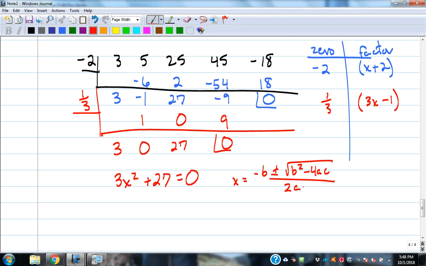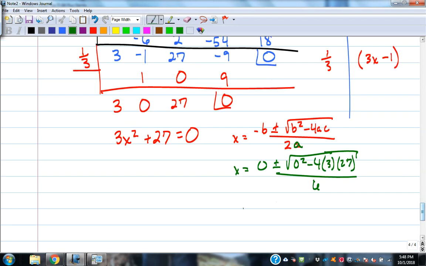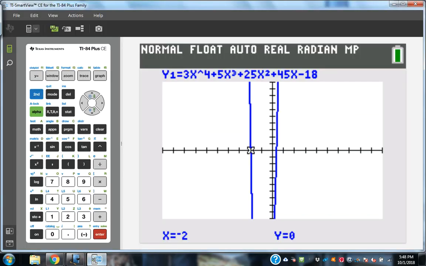Solving by square roots works great too on this one, but it's the same answer either way. So that'd be 0 plus or minus the square root of 0 squared minus 4 times 3 times 27, over 2 times a, 6. So we end up with plus or minus the square root of negative, whatever 4 times 3 times 27 is.